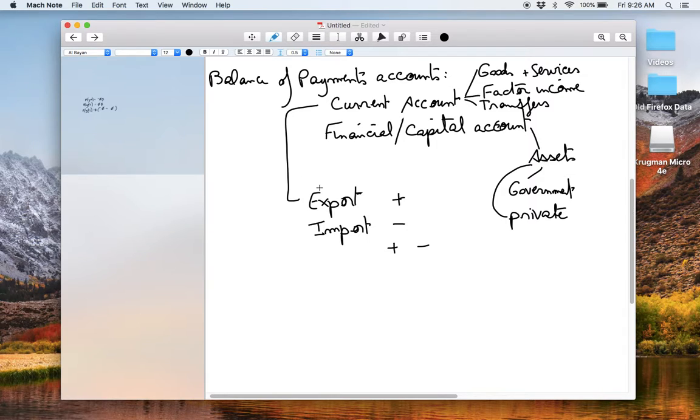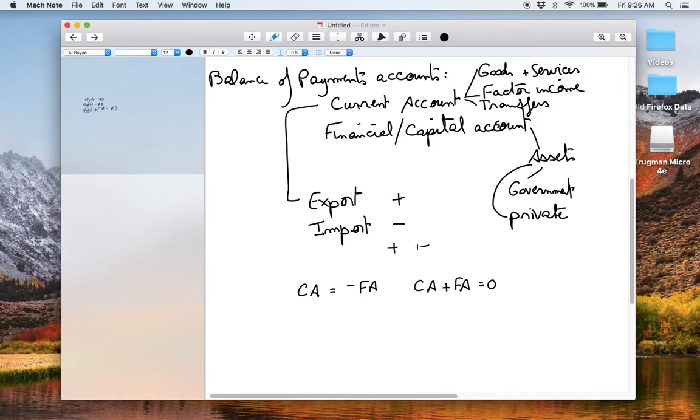Okay? We said in general the rule is that the capital account equals minus the financial account, or if you add the capital account to the financial account, they should equal 0. Okay? The logic is, let's say that I export stuff.